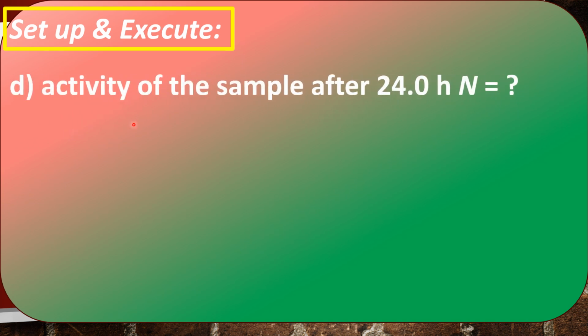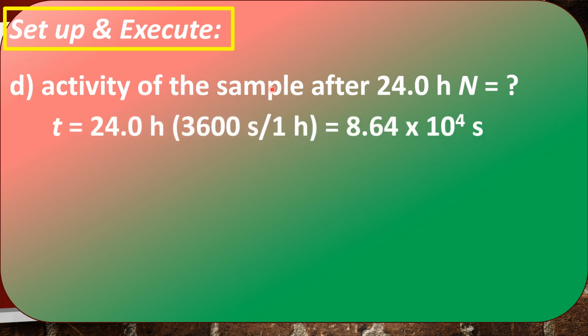Lastly, to find the activity A of the sample after a time of 24.0 hours, we need to first convert 24.0 hours to seconds, which is 8.64 times 10 to the 4th power seconds.